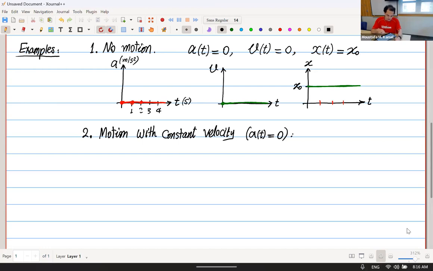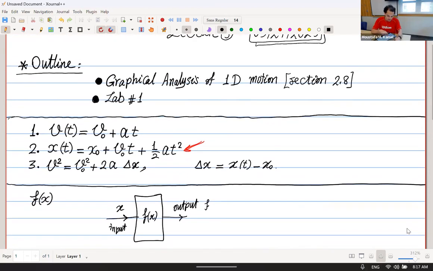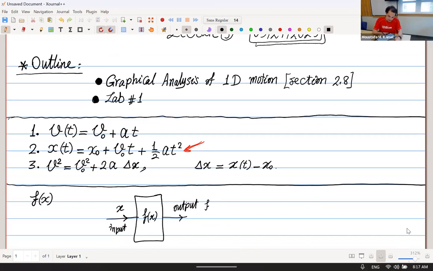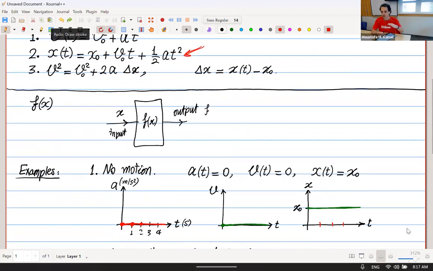Let's substitute a equal to 0 in the original kinematic equations here. If we did that, the second term in this equation will vanish, and the third term in the position equation will vanish. I just want to show you it's all coming from the original equations.